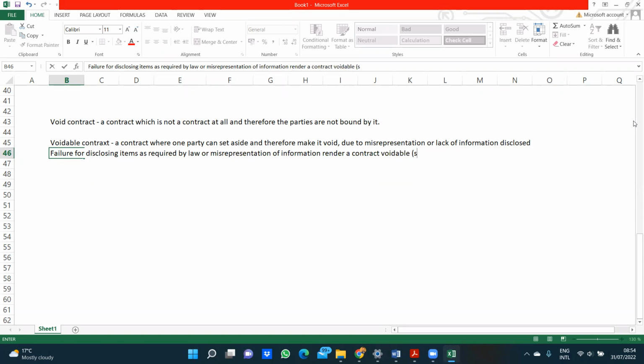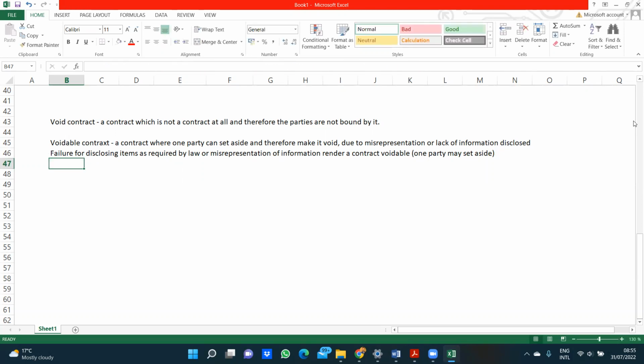So one party may set aside, which means they decide not to go on with the contract and meet its terms and conditions.